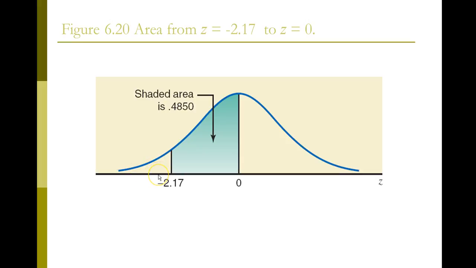So if you know that this is only 1.5% of the total area, can you figure out how much area is to the right of that and to the left of 0? Yes, we can, because the area to the left of 0 from here all the way over is 50%, and the area from here to here is 1.5%, so how much is left in here? It's 48.5%, right? Okay, so that's how you do it.